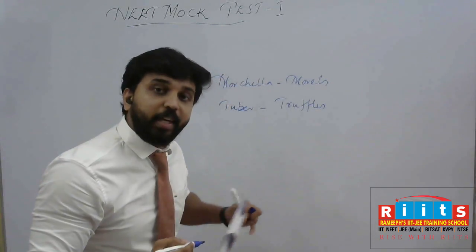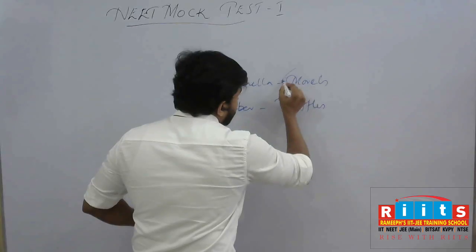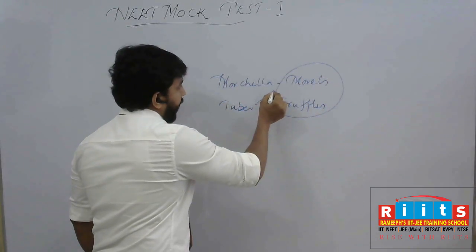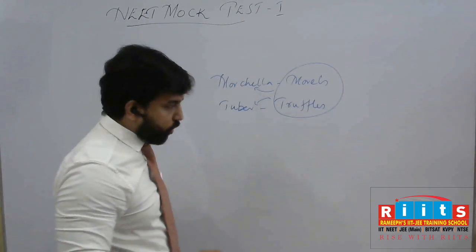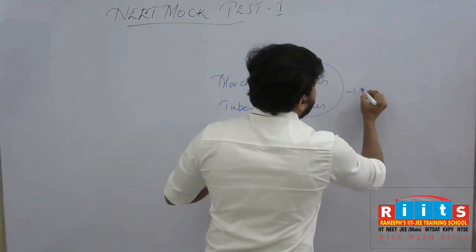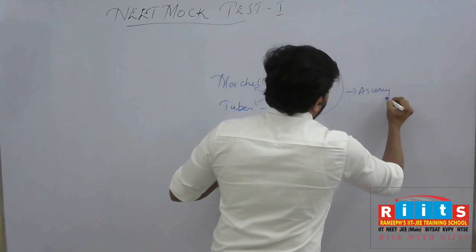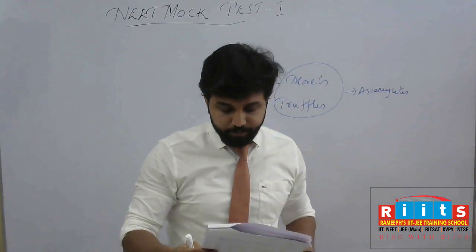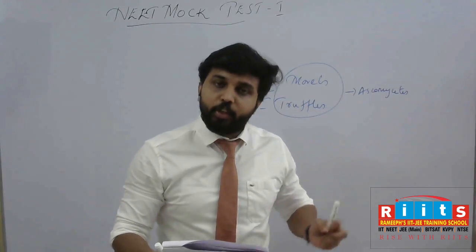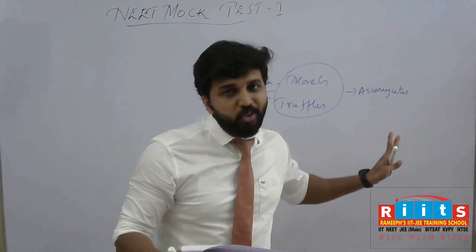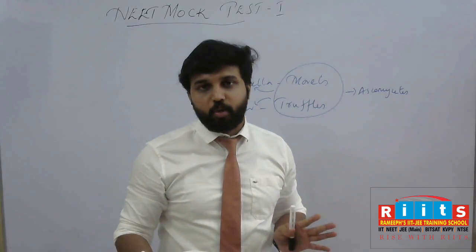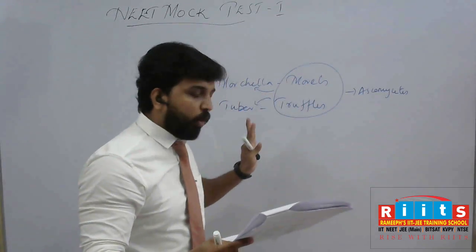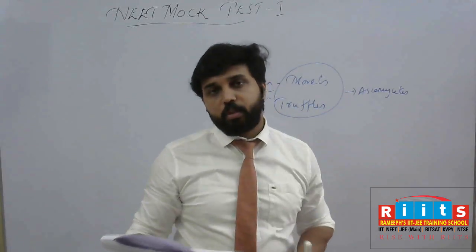Morels and truffles are studied in our NCERT book itself. The members Tuber and Morchella are again Ascomycetes members. They are also edible, but they don't belong to Basidio, they belong to Asco. So that's why that is wrong. Volvariella is Basidio and Tuber is Asco.